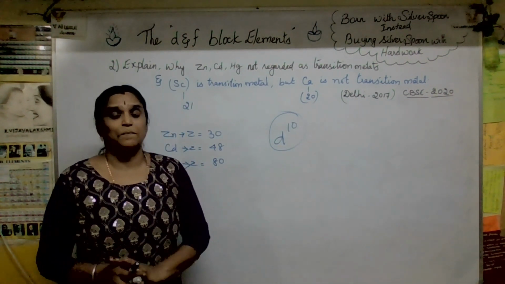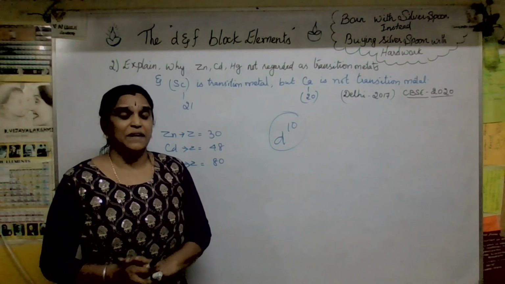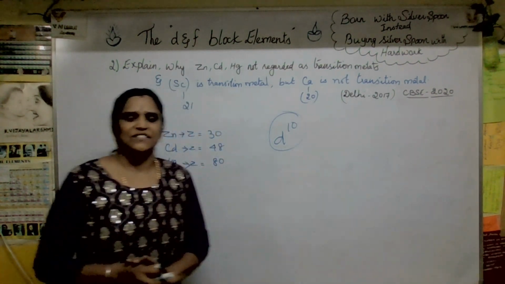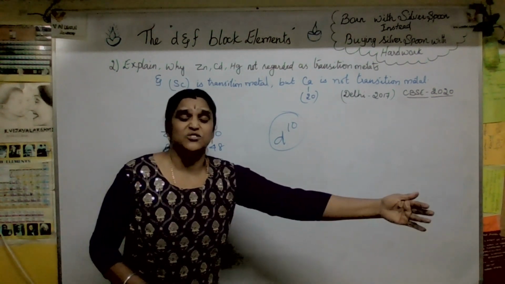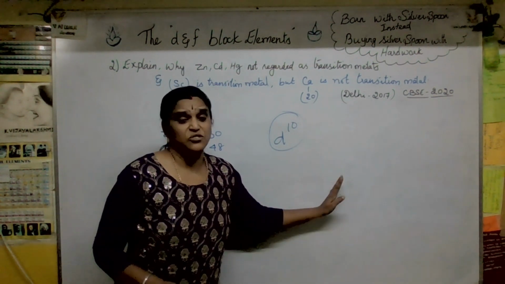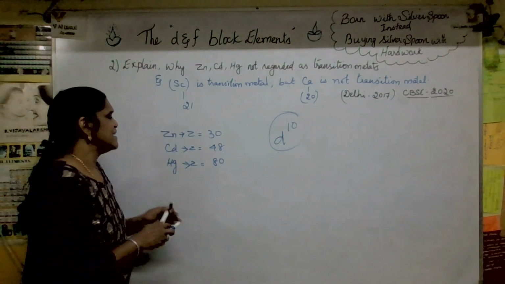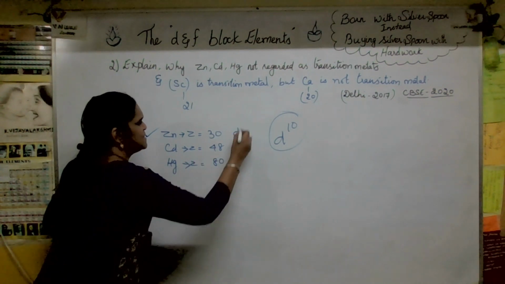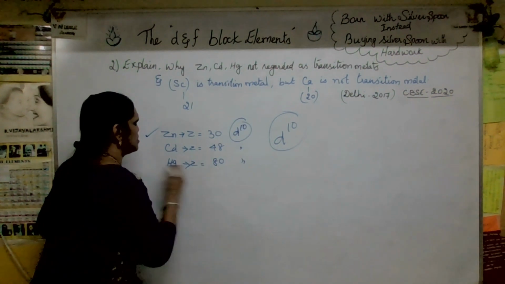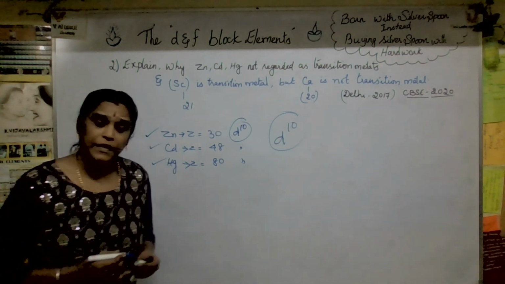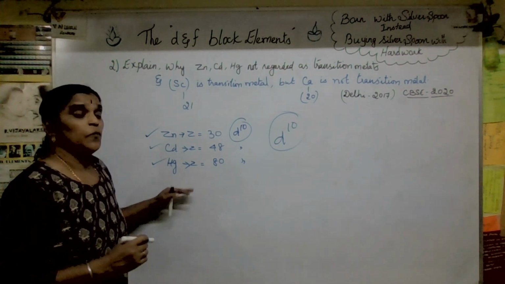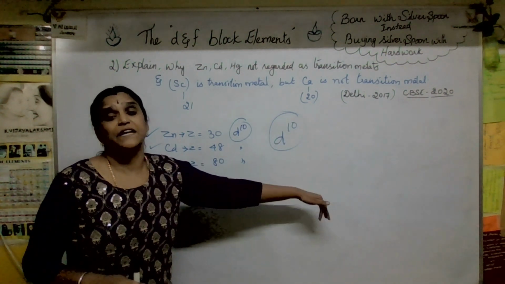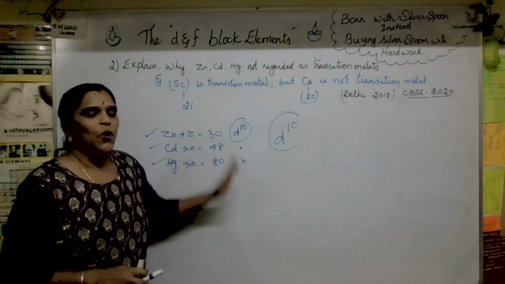Then only we can accept them as d-block transition elements. So d1 to d9 we say are transition elements. Once it has touched d10, it is not a transition element. In that way, zinc is completely filled up to d10. In the same way, cadmium and mercury also. So we cannot accept them as transition elements though they are present in that group. Okay, hope you're clear with it.